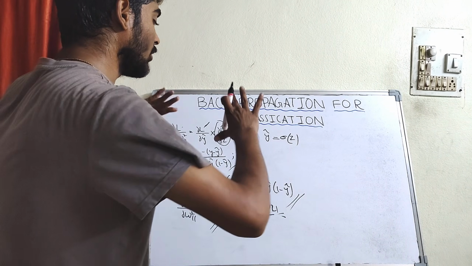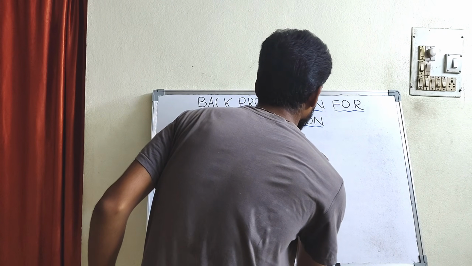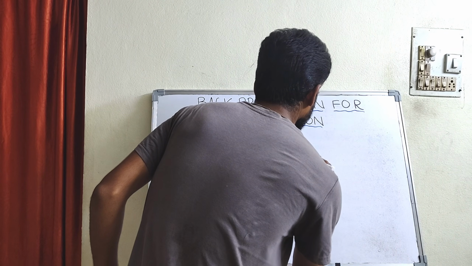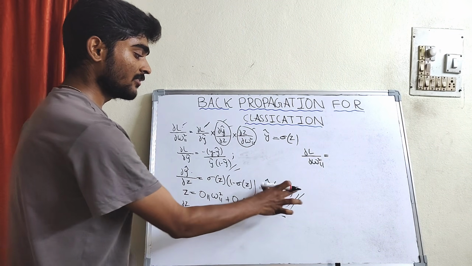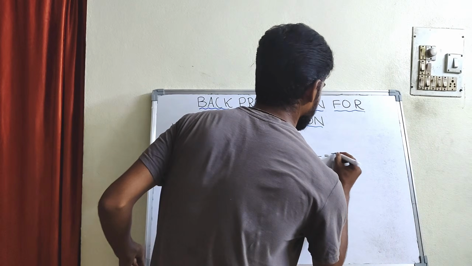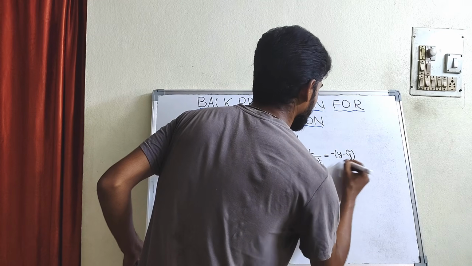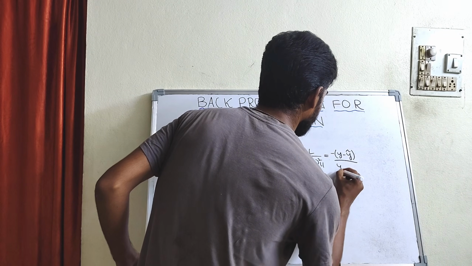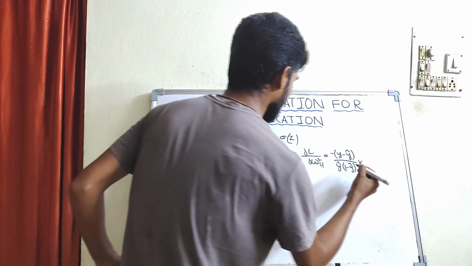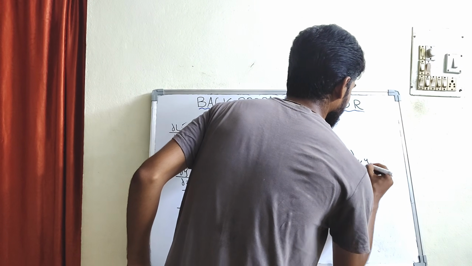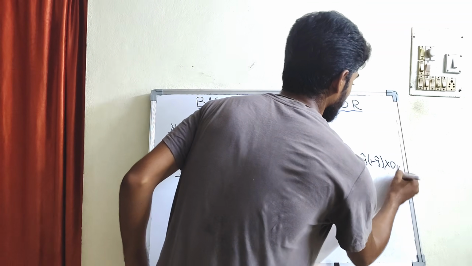Now let us multiply all three derivative values and find the final derivative value. dou L by dou W211 is equal to the multiplication of these three derivative values: minus of y minus y hat divided by y hat of 1 minus y hat, multiplied by y hat into 1 minus y hat, again multiplied by O11.